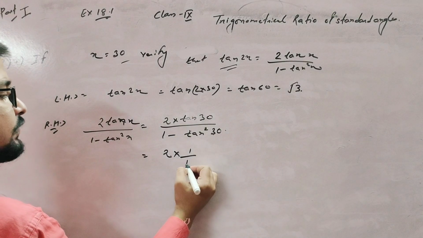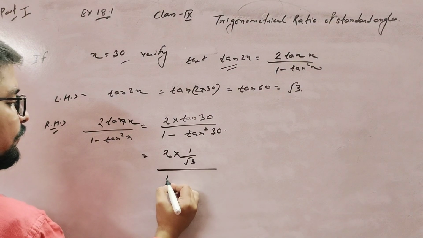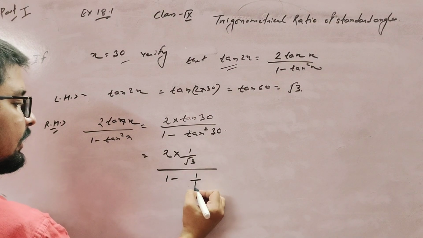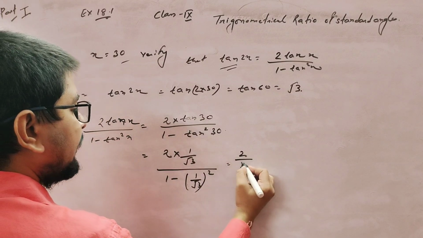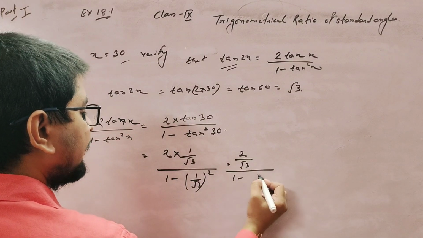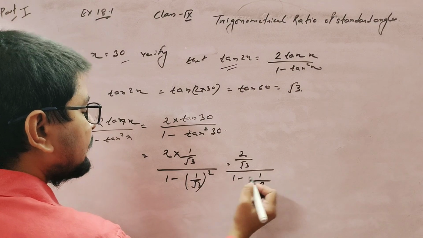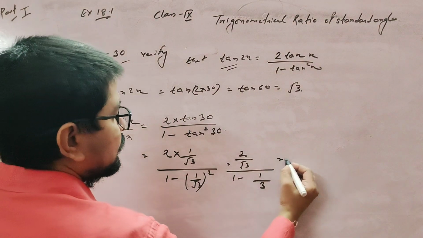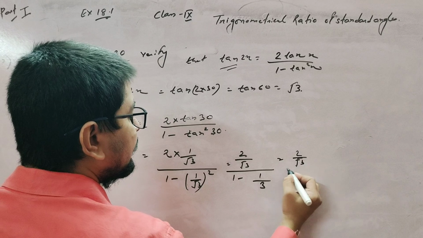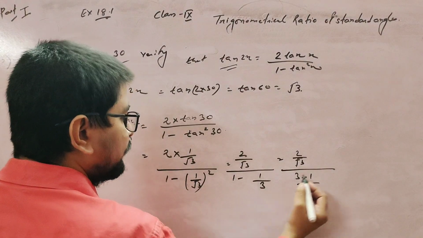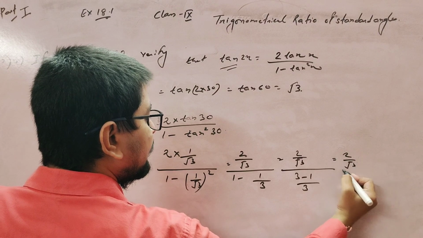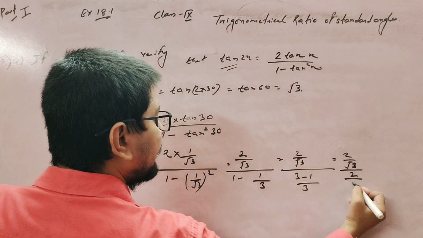Tan 30 value is 1 upon root 3, 1 minus tan square 30, again 1 upon root 3 whole square. So that is 2 by root 3 divided by 1 minus 1 by 3, and root 3 square is 3. Okay, so 2 by root 3, LCM taking 3, 3 minus 1. So we get 2 by root 3 and 2 by 3.